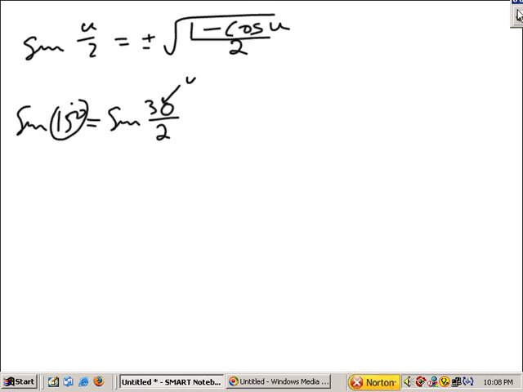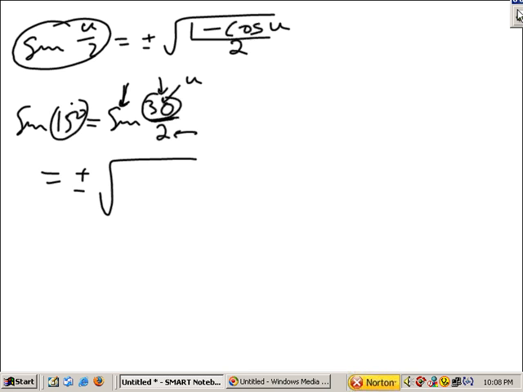The 30 is my u, because sine is sine, and I'm going to call 30 u. So I have the sine of u over 2. It's exactly what this is. And this is equal to plus or minus the square root of 1 minus cosine of u, which is 30 degrees, over 2.